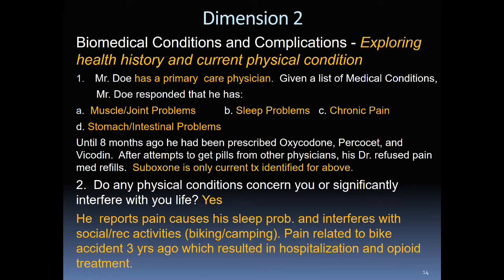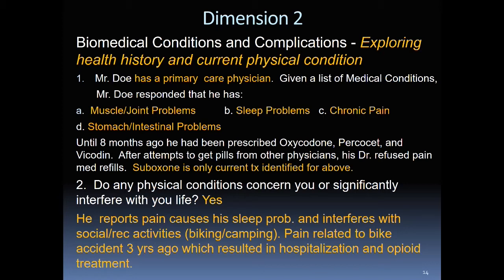Mr. Doe responded that he has muscle and joint problems, sleep problems, some chronic pain, stomach and/or intestinal problems. Until 8 months ago, he had been prescribed oxycodone, Percocet, and Vicodin. After attempts to get pills from other physicians, his doctor refused pain med refills. Suboxone is the only current treatment identified for the above.